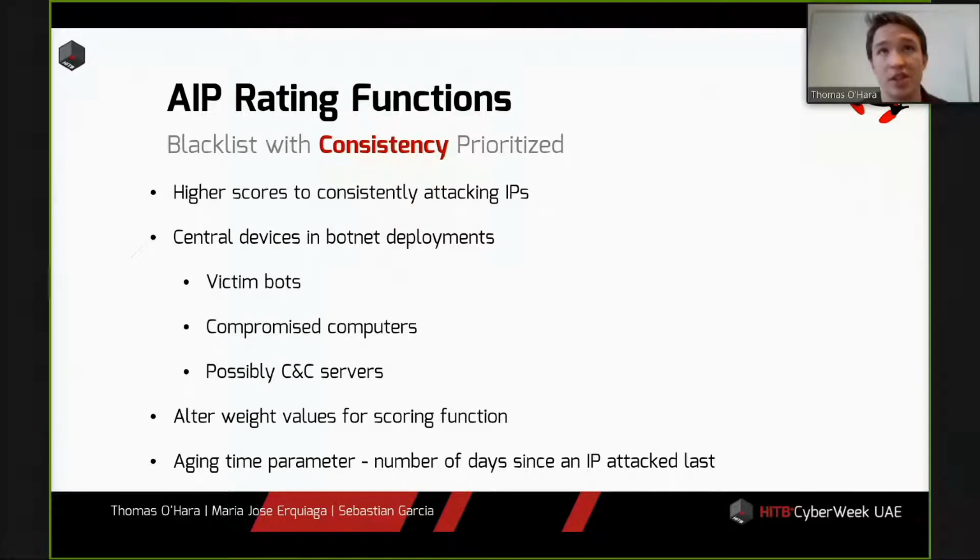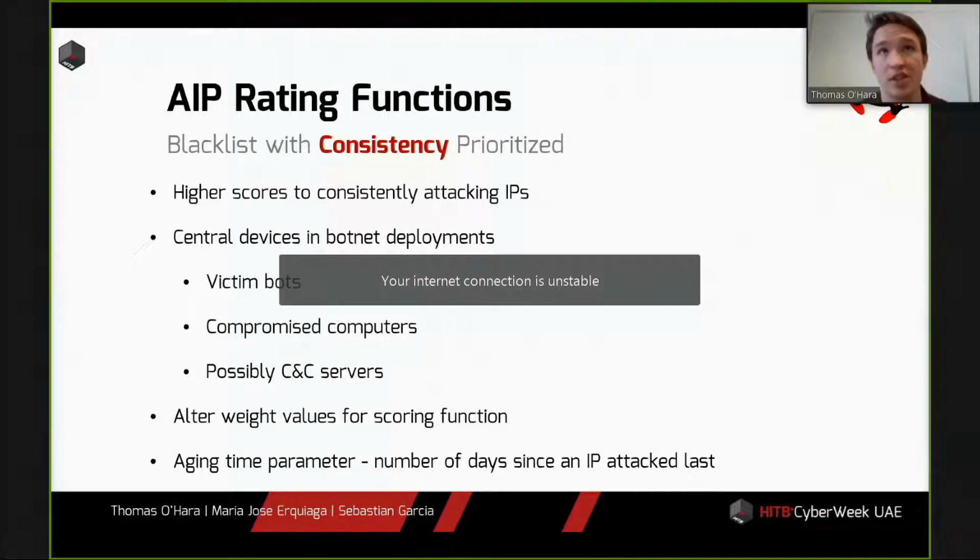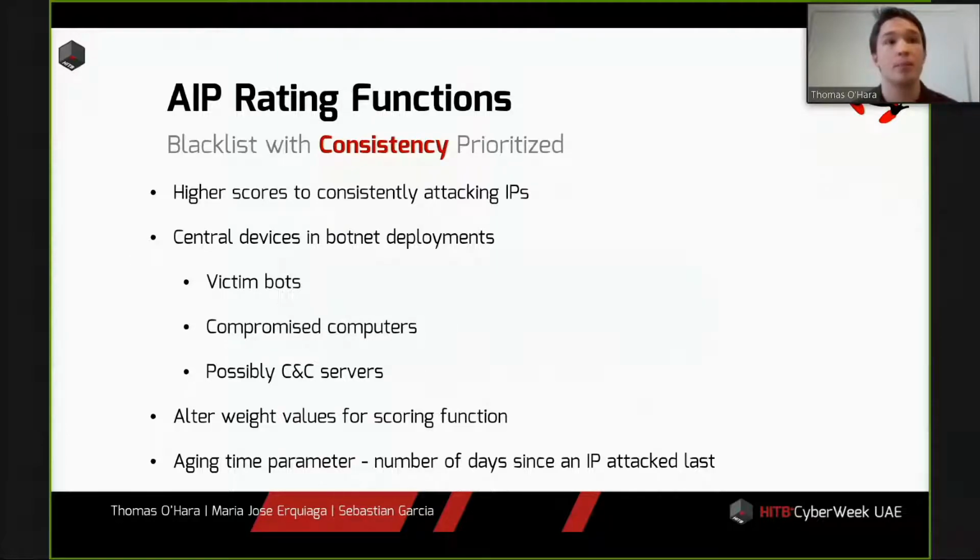We achieve this difference in this model by altering the weight values for the scoring function. Namely, the t value is equal to the number of days since an IP attack last. Therefore, as long as an IP continues to attack on a regular basis, its score will not be aged and it will continue to grow and remain on the blacklist.